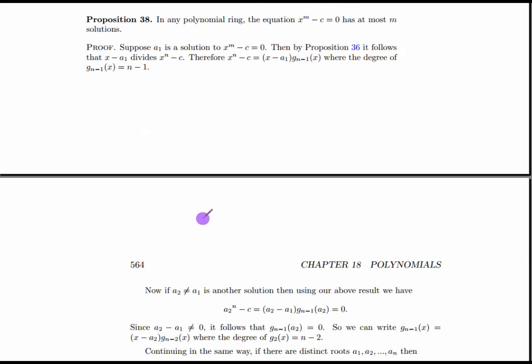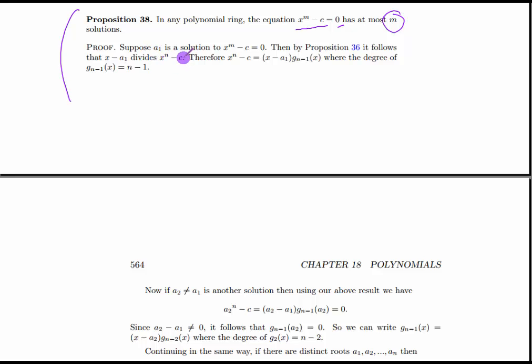Okay, so now we have enough results to get to the punchline, which says that in any polynomial ring, if I have an equation x to the n minus c equals 0, there are at most n solutions. Okay. So suppose a1 is a solution to x to the n minus c equals 0. Then by proposition 36, it follows that x minus a1 divides x to the n minus c.